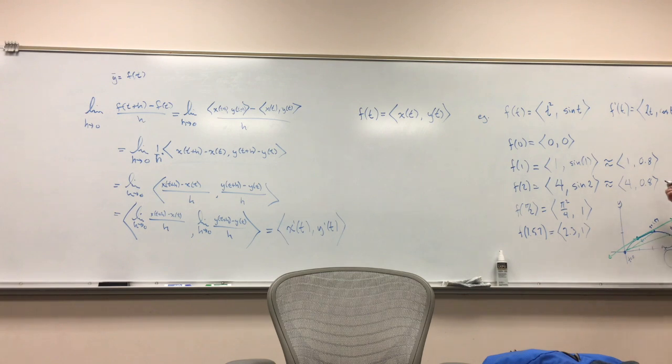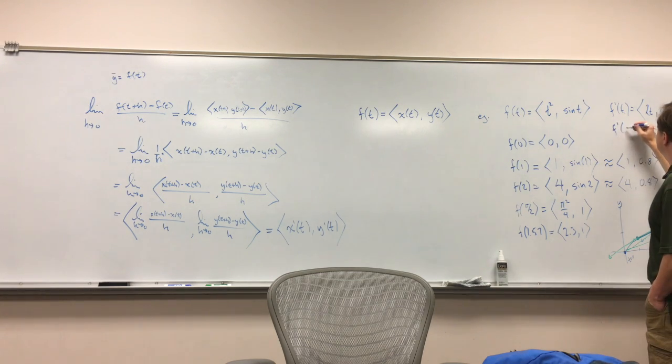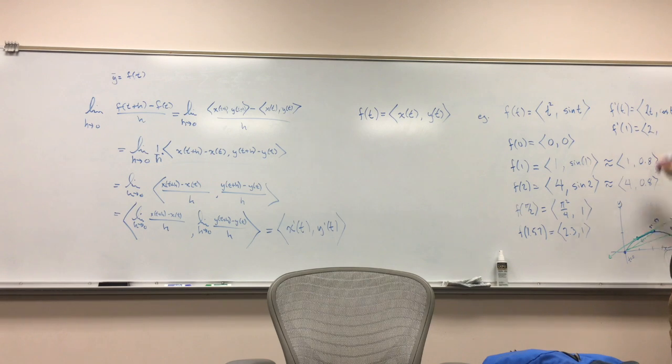If I plugged in 1, I would get 2 and cosine of 1, and that's approximately 2 comma, well, cosine of 1, so like 0.5. Makes sense, because 1 radian is pretty close to pi over 3. Right? So 0.5, over 2, up 1/2.